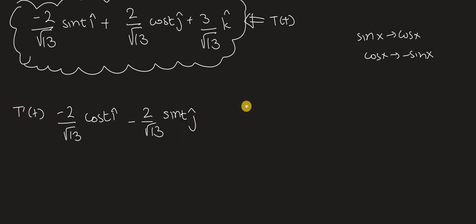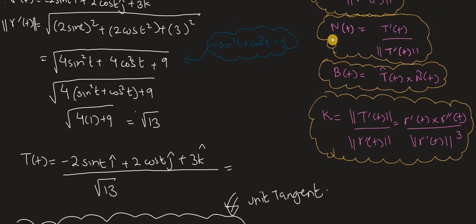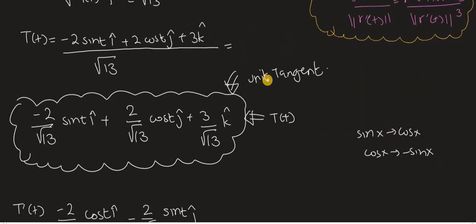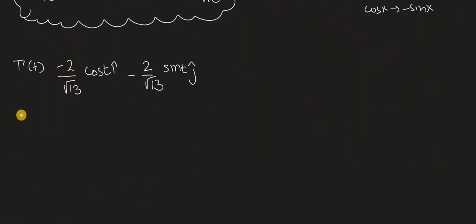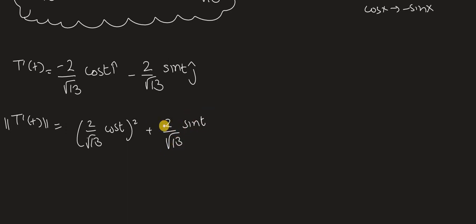So what's the next step now? The next step to finding the normal vector is to take the magnitude of the derivative of the tangent vector. So let's calculate the magnitude. Like I said before, how do you find the magnitude? Square each component, add them, and square root the whole thing. So let's do that: cosine squared plus 2 over square root of 13 sine t squared, and then not forgetting the square root.